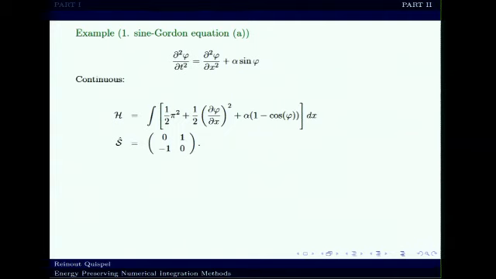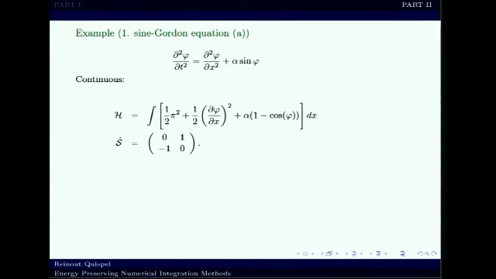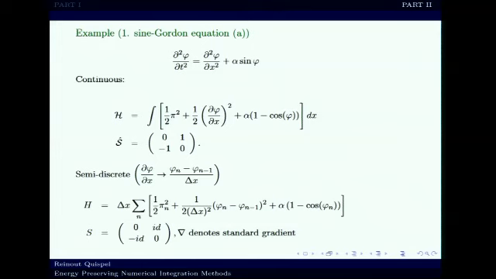So this is a matrix, but now in function space, in the space where phi and psi are the variables. Okay, so how am I going to semi-discretize this in order to apply my previous integral preserving method? It turns out there are various ways.